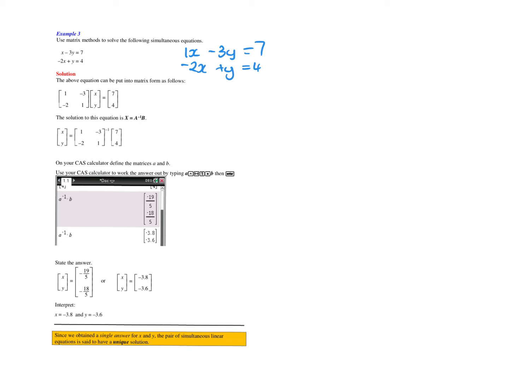So you can see they've set it up. This matrix here is these numbers, and the 1, it would have a 1 there. Then you've got x and y, so to solve it, they've typed it into the calculator, raised it to the power of -1 times it, and they'll get their answer.